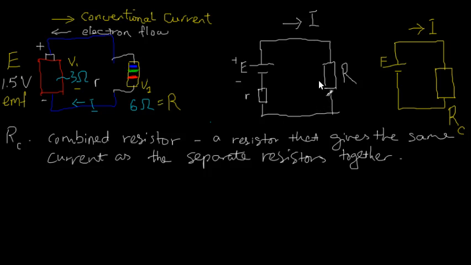Now, to relate the resistance to the current, we need Ohm's law: V equals IR. But the V here refers to the V across this resistor, which is the voltage between the two ends of the resistor. That's the V2.